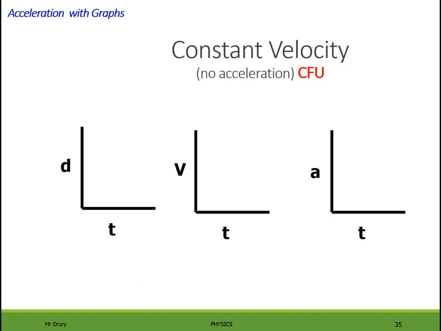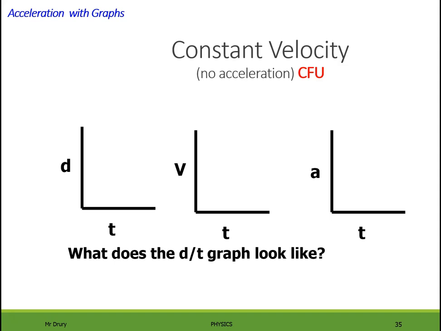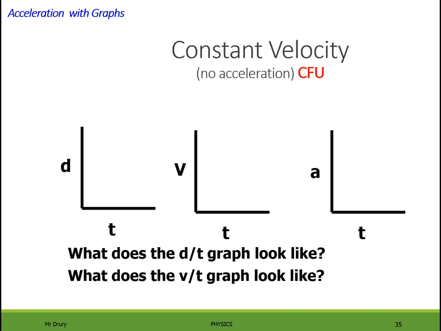All right, now we're going to have a quick little check for understanding. We have 3 graphs here: displacement time, velocity time, acceleration time. And there's no acceleration. In other words, it's constant velocity. What I want to know is what does the displacement time graph look like, velocity time graph look like, and the acceleration time graph.